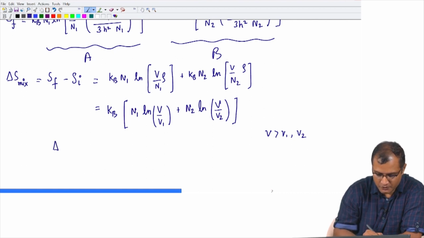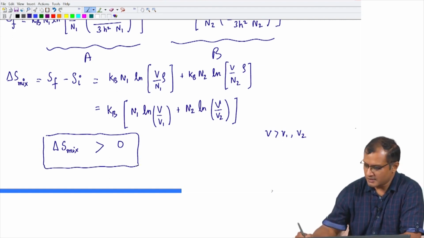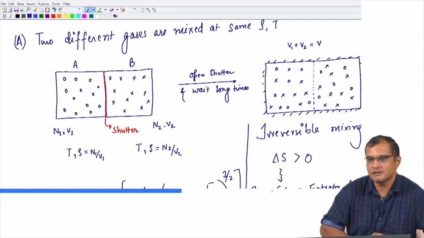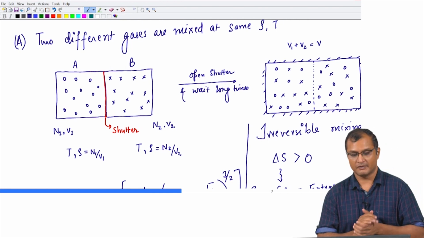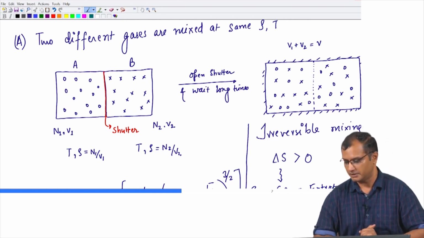So, what we ended up showing is that delta S mixing is a positive quantity, and it should be, because my final configuration is a state of irreversible mixing. Look at the crosses and the circles. There is no way I can recover my initial system where crosses are sitting in one compartment and circles are sitting in the other compartment.